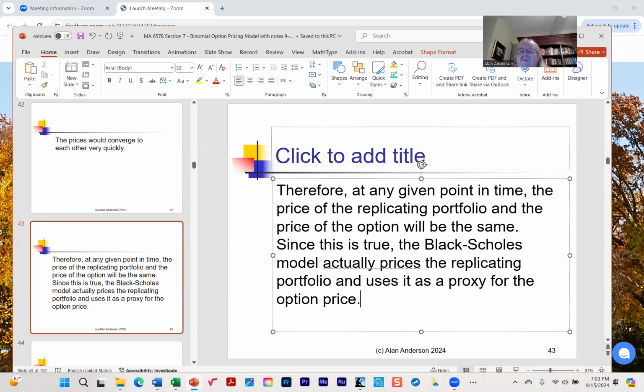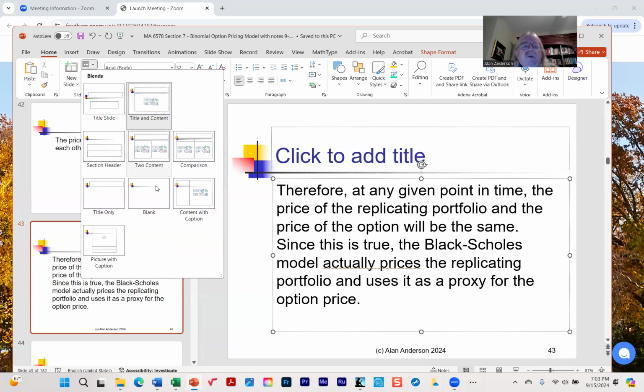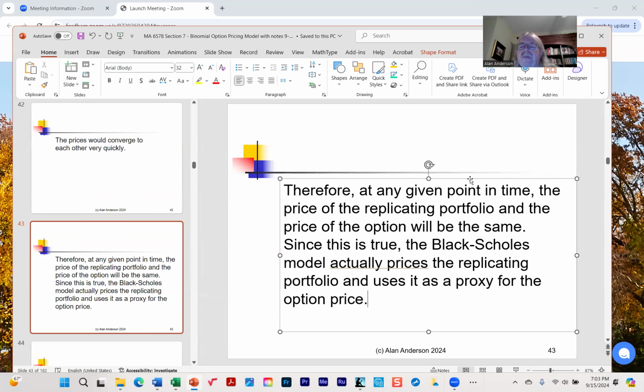So the fact that we can price an option based on the replicating portfolio is actually a huge deal, because like I said, the assets in that portfolio are much more liquid than the option itself. So with all that being said, what we're going to do now is understand what this replicating portfolio is all about. We're going to do this based on the binomial framework, but it applies to the Black-Scholes model too.